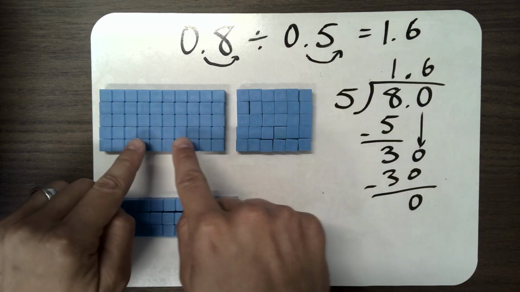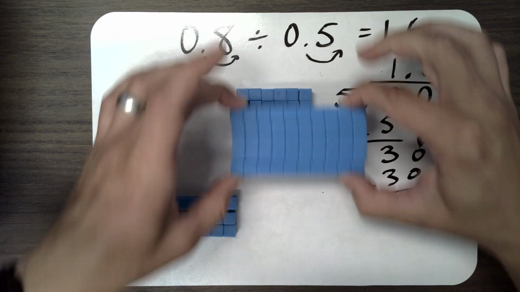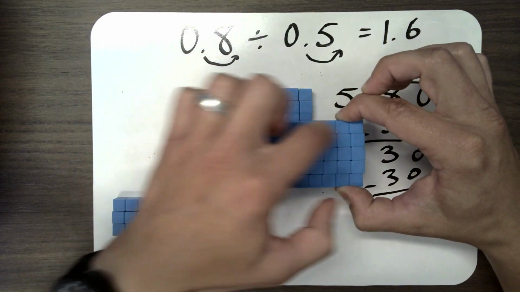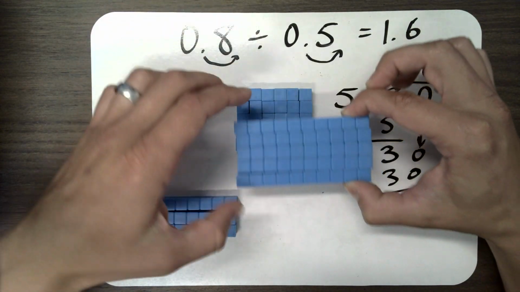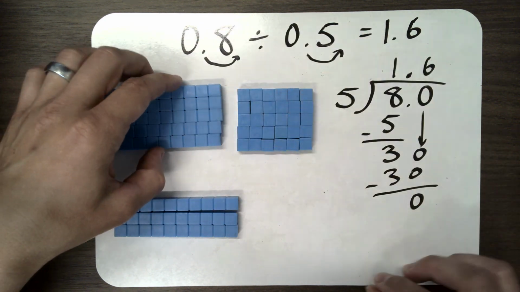Okay, so again, this is a full group of 5/10, right? So I would need each column to have 10 of these hundredths in there, 10 of these small cubes. However, each row just has 6 out of the 10, so this is 6/10 of this group. Okay, so there's my 1 and my 6/10.